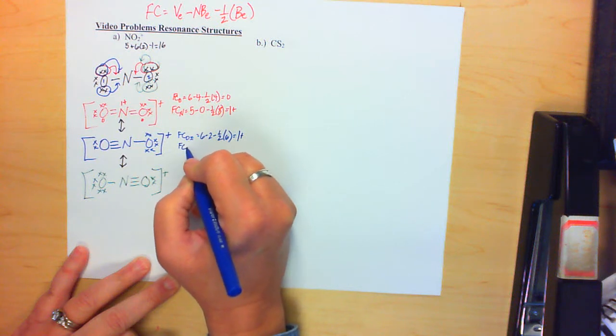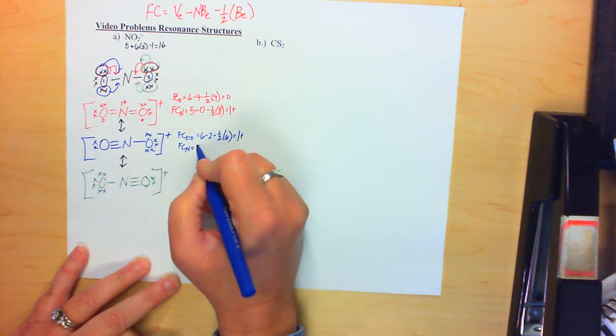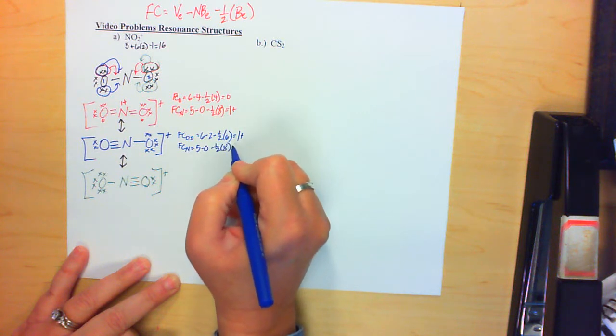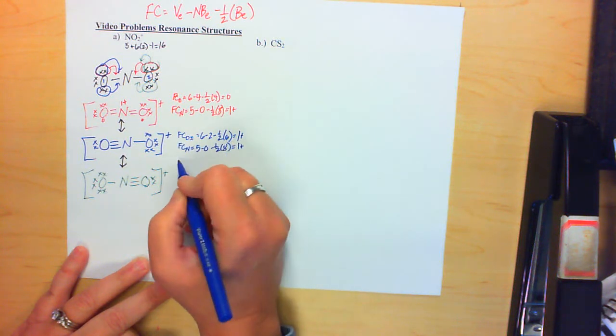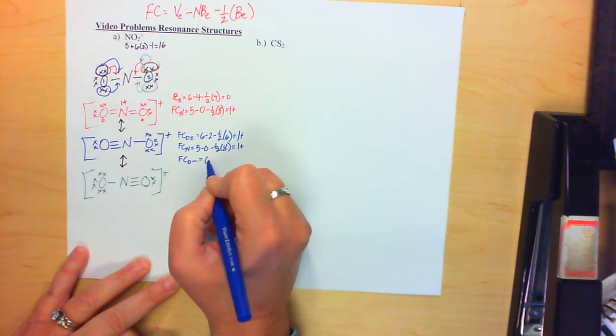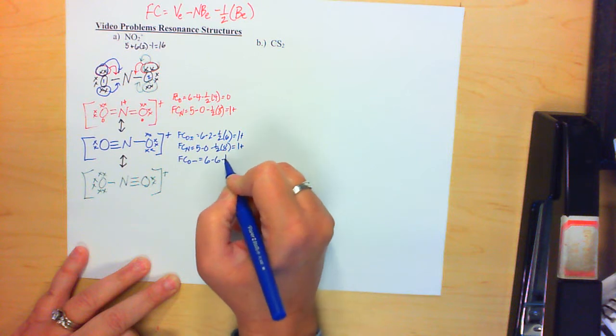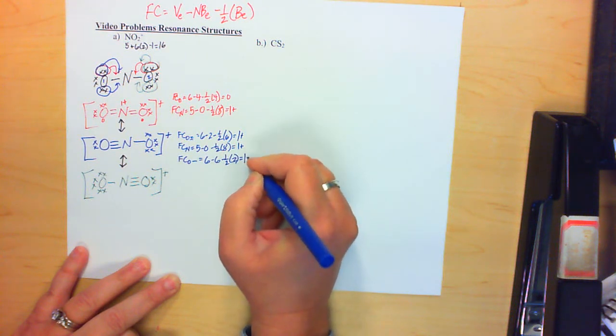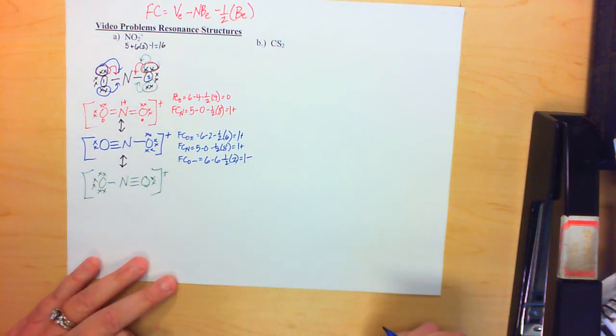Formal charge on nitrogen is going to be the same, so it's 5 minus 0 minus 1/2 times 8, which is equal to plus 1. Formal charge on oxygen single is 6 minus 6 minus 1/2 of 2, which is 1 minus.